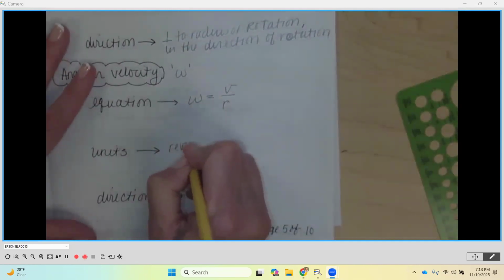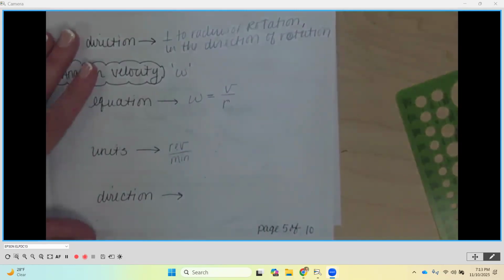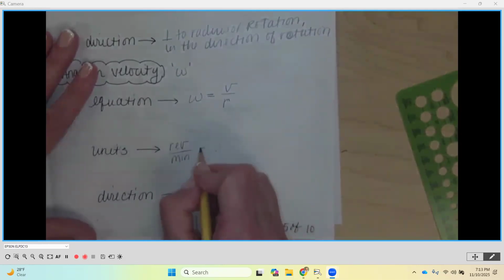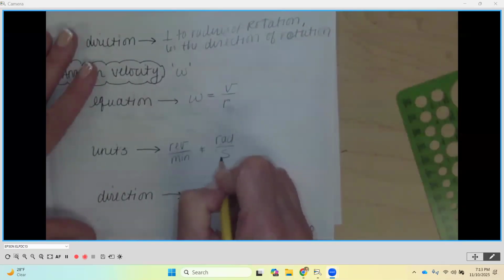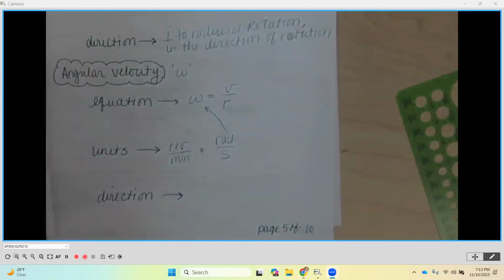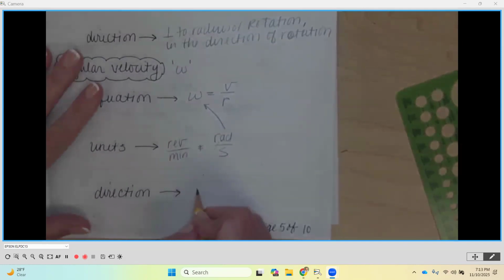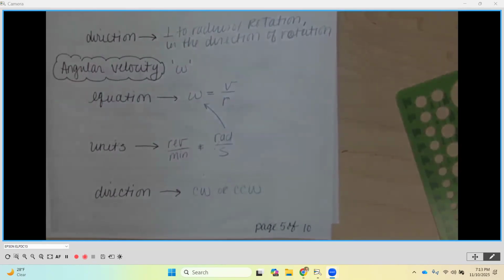Yes, so revolutions per minute and radians per second, right? Remember, in and out of that equation, it has to be radians per second. But we are going to be delivering it in RPMs, okay? Direction, one of two ways: clockwise or counterclockwise, right? One of those two.